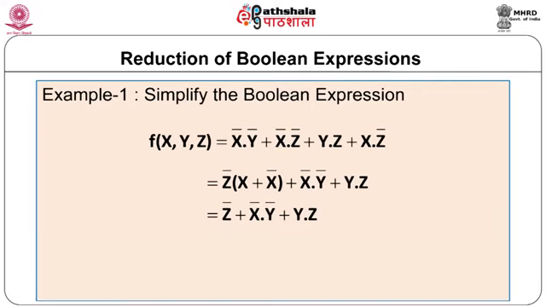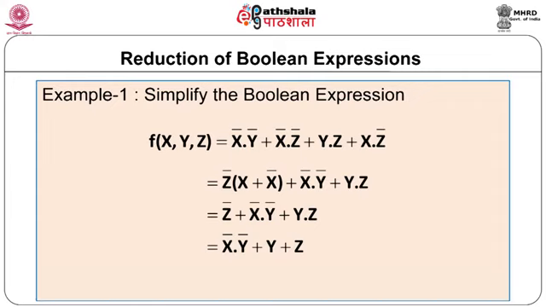So, in the third line, as you can see, z bar OR x bar and y bar OR y z. That is also equivalent to rearranging the terms. What we get in line number 4 is the rearrangement of line number 3.